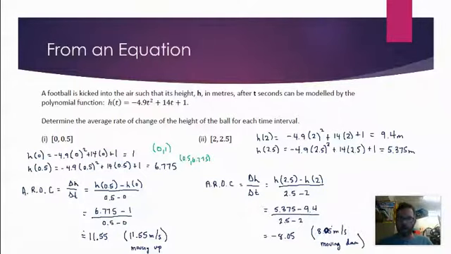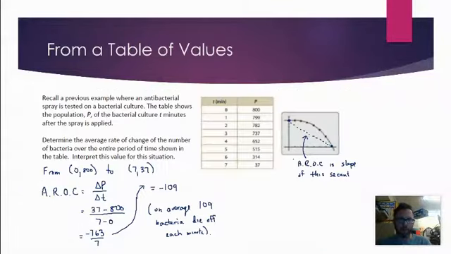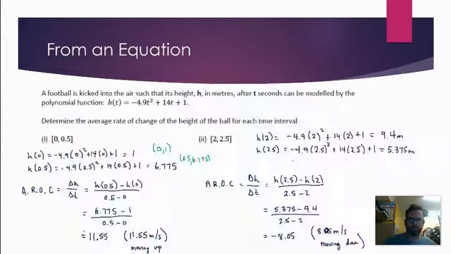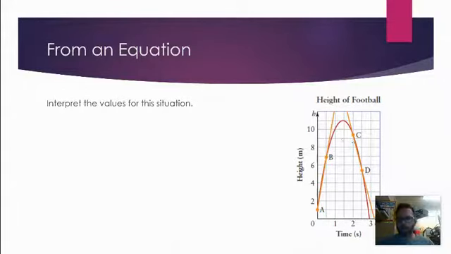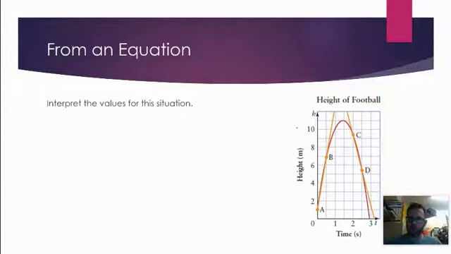And I've got a little visual of this on the next page here. So again, if you need to get this down, you can just pause. But yeah, here we go. So in our first question, when we found the rate of change from 0 to 0.5, remember, guys, what we were finding, at least if you connect it to the graph, is the slope of the secant between these two points. If you want to label this on your visual, you can copy it down.